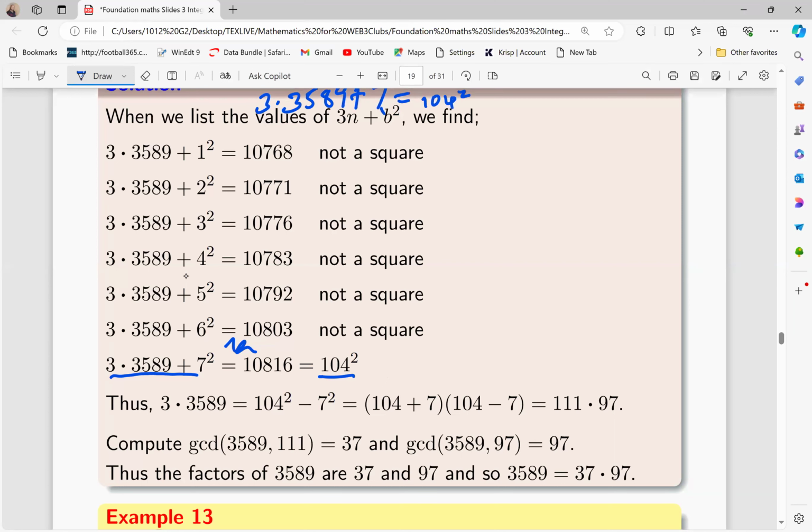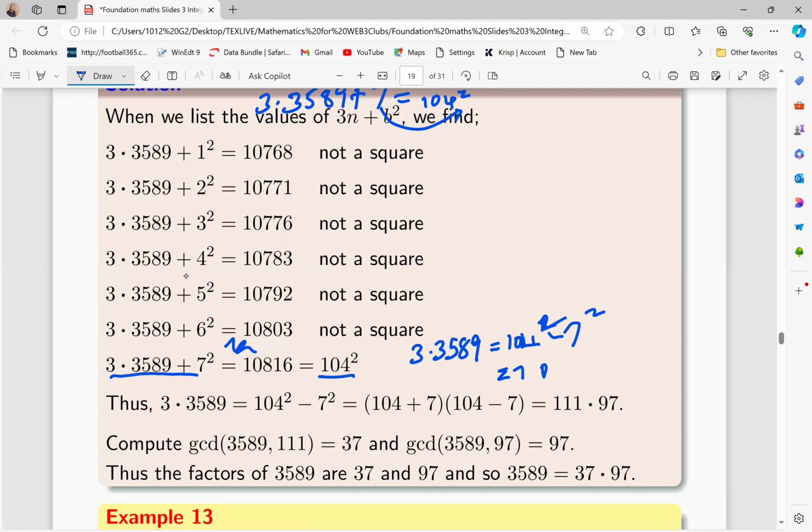Just take 7 square, the other side with the equal sign. What you get is 3 multiplied by 35,89 equals to 104 square minus 7 square. And this part, the right side can be factorized.